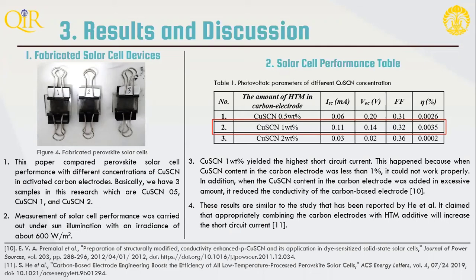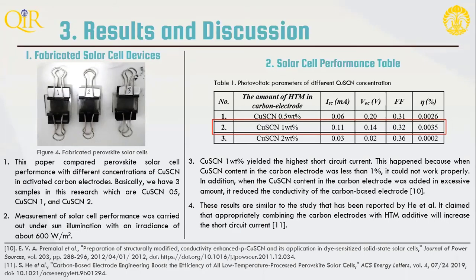The measurement of the perovskite solar cell performance was carried out under sun illumination with an irradiance of about 600 watt per meter square. On the right side of the screen, there is a solar cell performance table. And in this table, we can see the different performance of each sample.